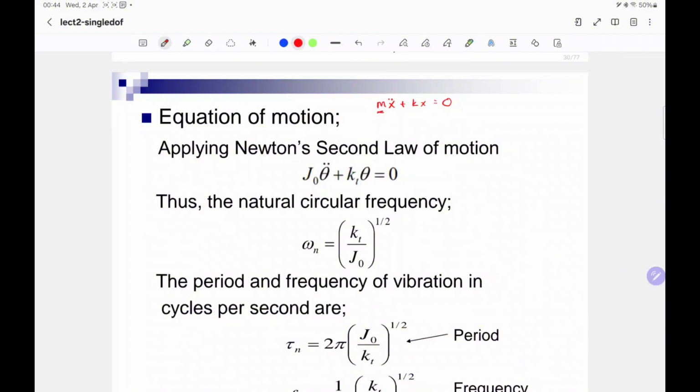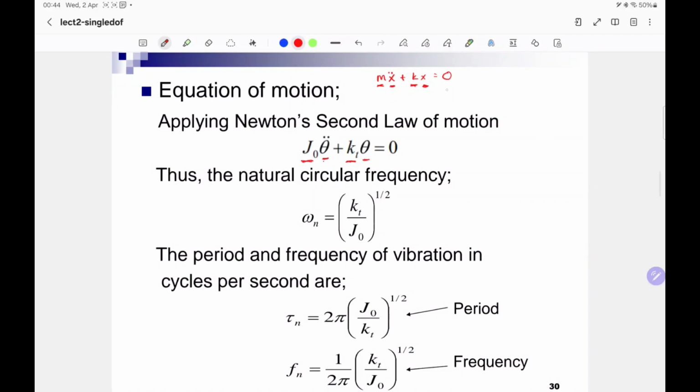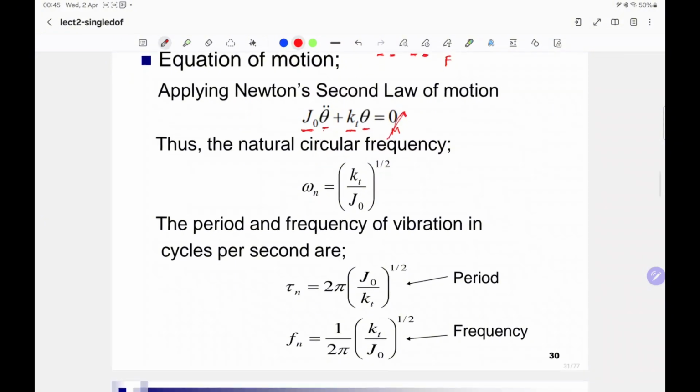For torsional system, m is represented by J naught, x double dot is theta double dot, k is represented by kt or torsional stiffness, and x is represented by theta. In translational we use F, and for torsional we use M, the external moment, but in this case because we're considering free undamped torsional vibration, it doesn't have any M value.